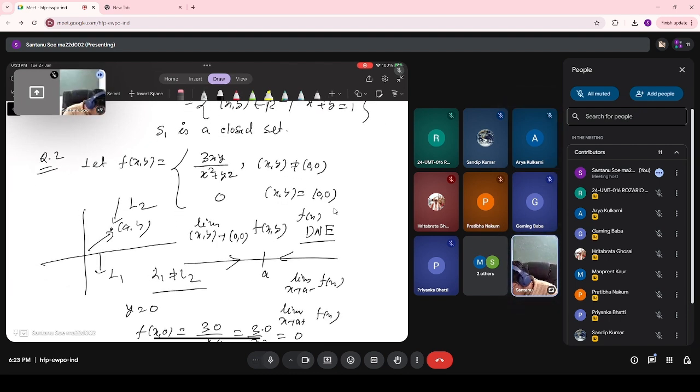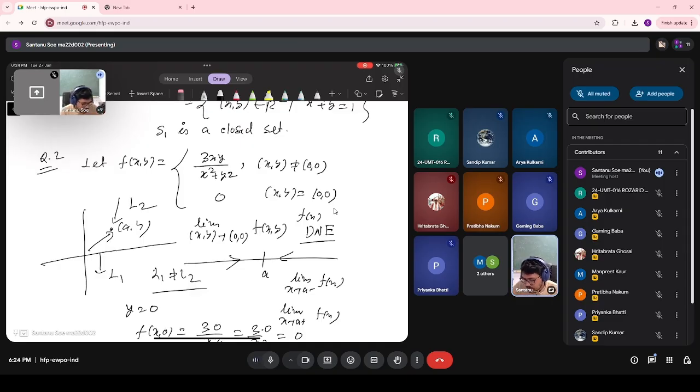So you see, they have asked whether the limit of this function f of (x, y) equals 3xy divided by x square plus y square exists or not. Now to check whether the limit exists or not, first we have to make a case. You cannot just go straight for the epsilon-delta definition, right? Because you see here the dimensions are matching.